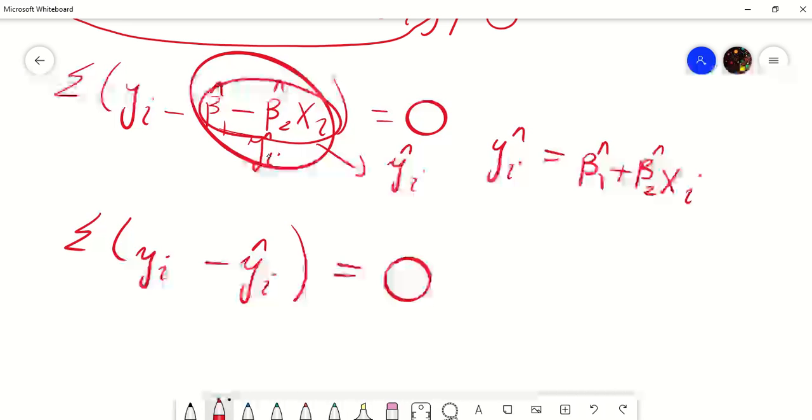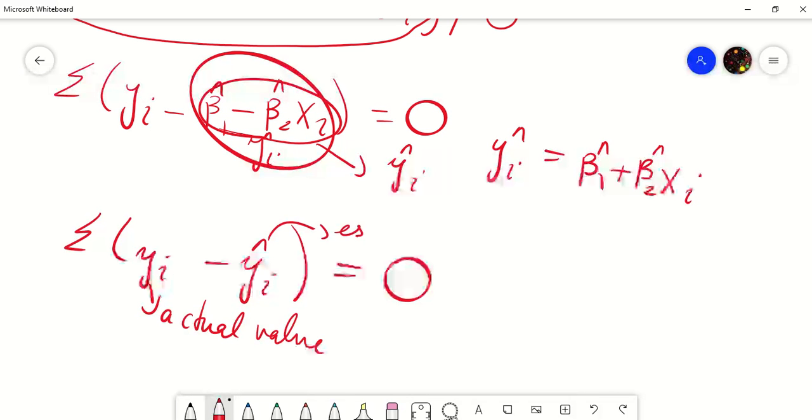So this yi is the actual value and this yi hat is the estimated value.